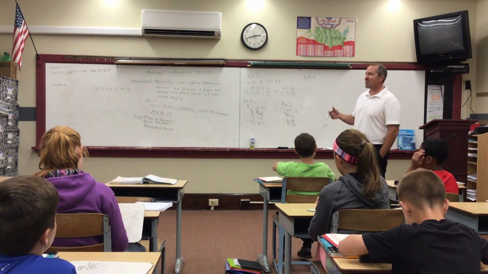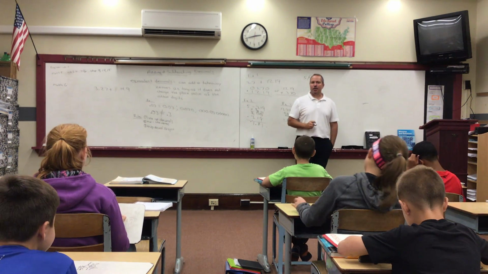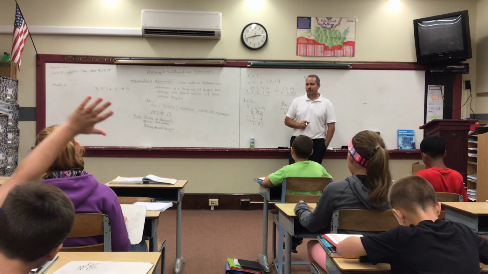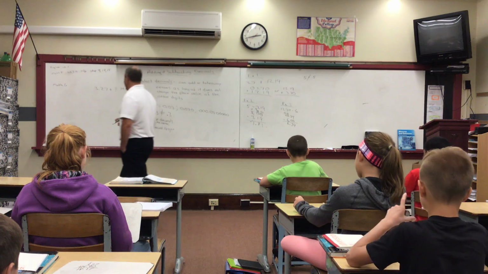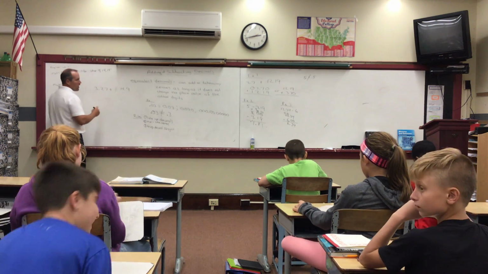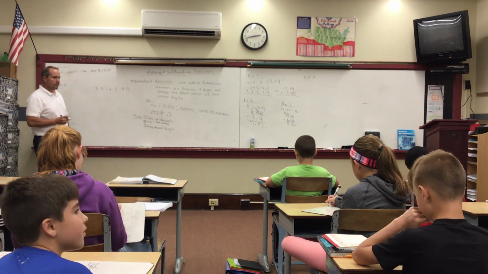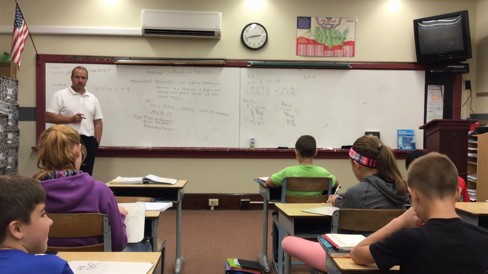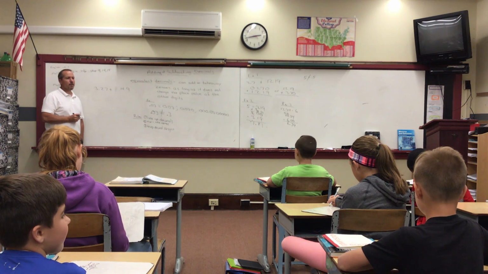Okay, so the first thing we're going to do, Evan, we're going to write the problem up and down, lining up the decimals. Go ahead and do that on your boards. You need to write the problem up and down.